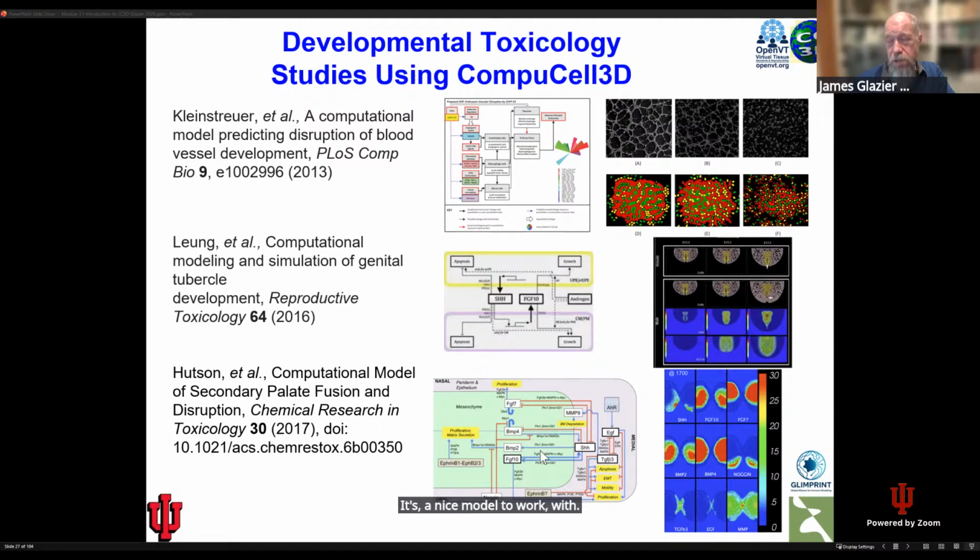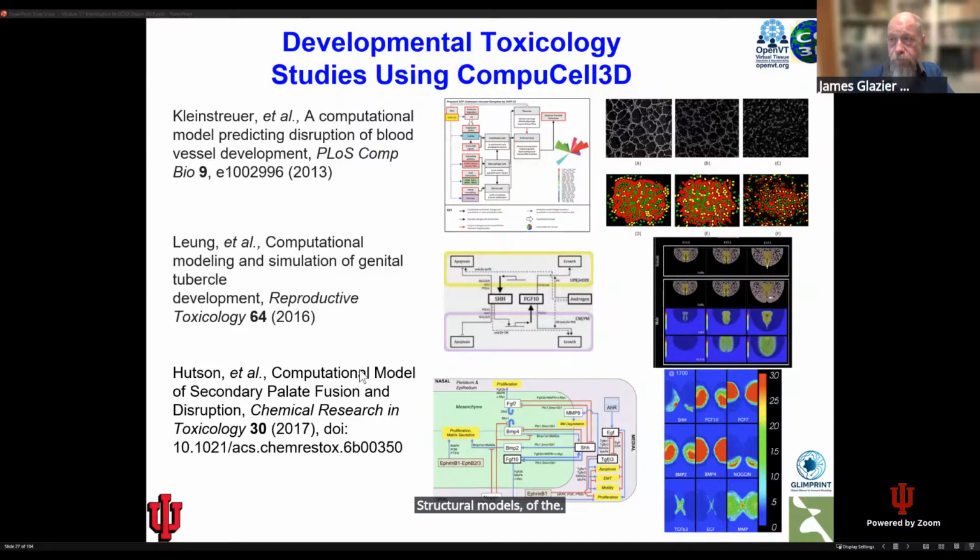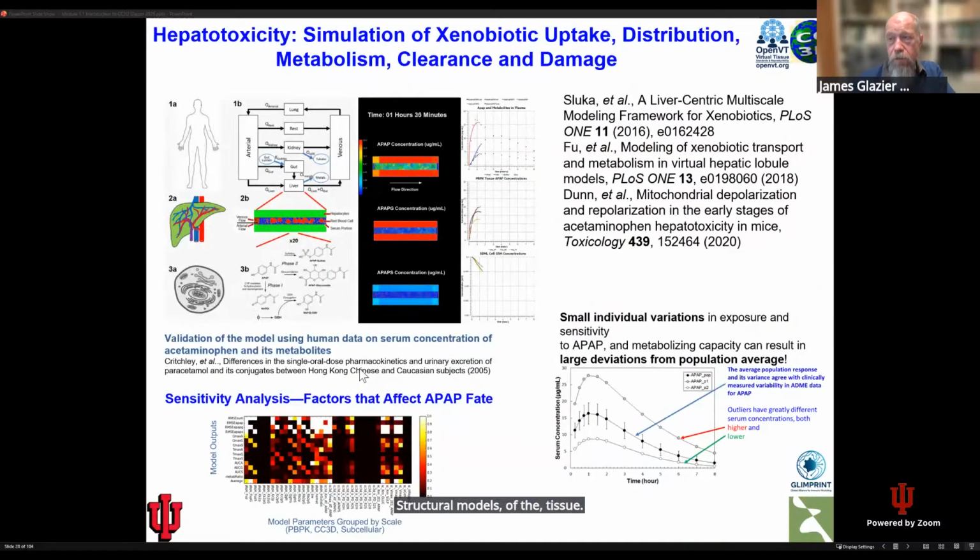In each of these cases, you'll see there's quite an elaborate model inside of each cell, talking about molecular signaling and how that controls the cell. And then that plays out in these very beautiful spatial structural models of the tissue. We've worked quite a bit on liver toxicity, actually simulated blood flow in the liver with CompuCell.